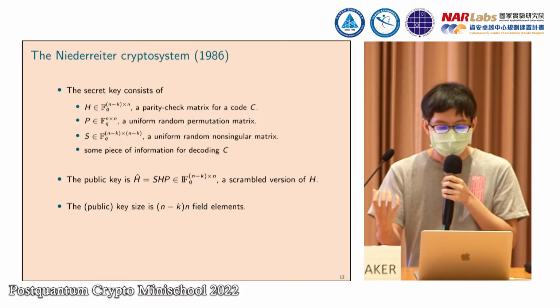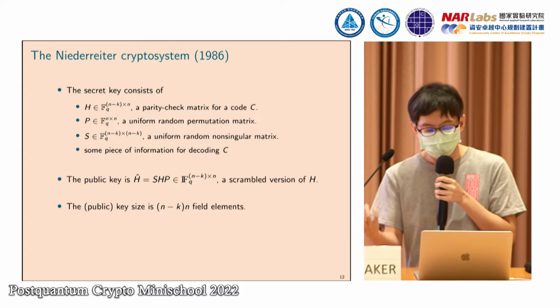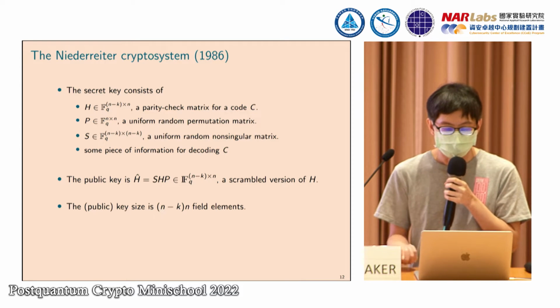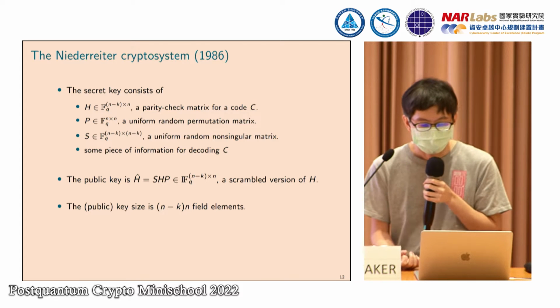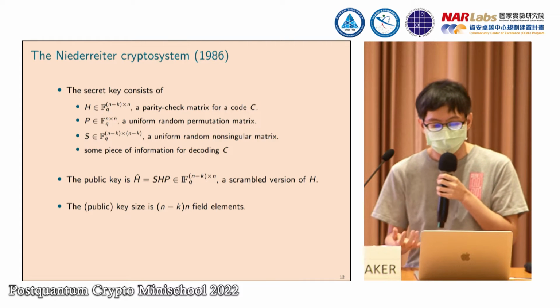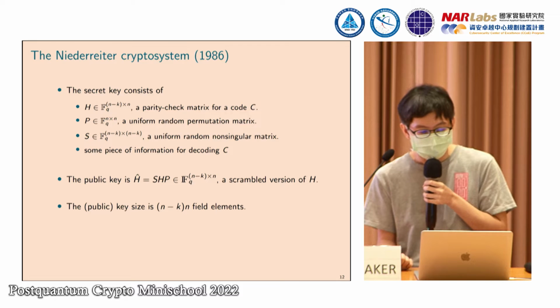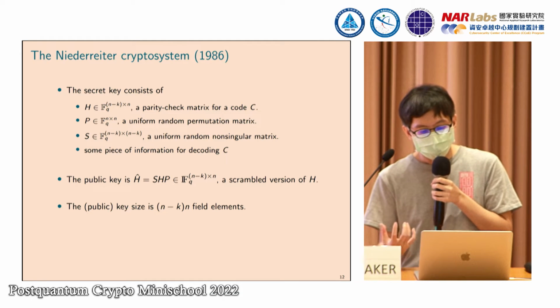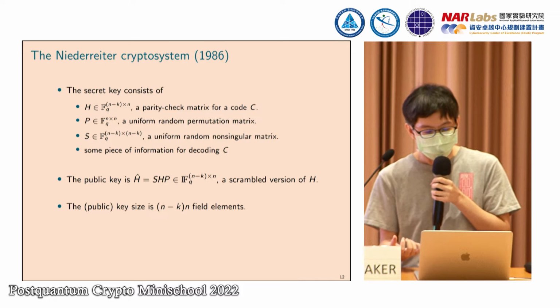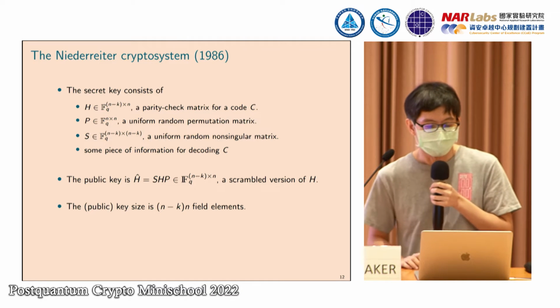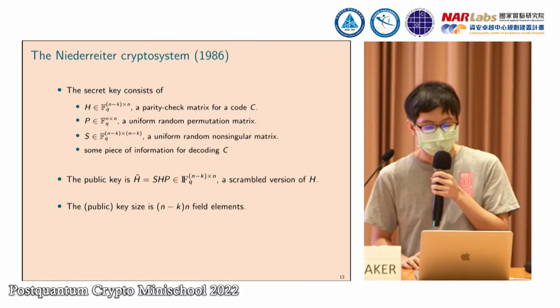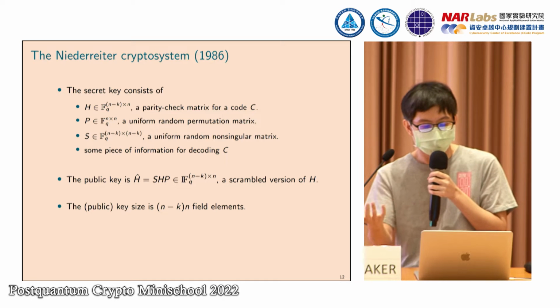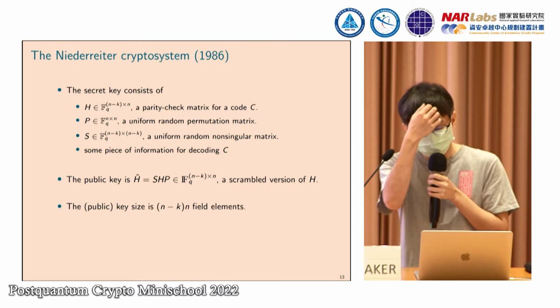And then we also have this random permutation matrix P and random non-singular matrix S. And of course, we need some kind of information for decoding C. These are going to be your secret key. Then, as in the McEliece cryptosystem, we try to scramble this parity check matrix in a way that we create the public key H hat by multiplying S, H, and P.